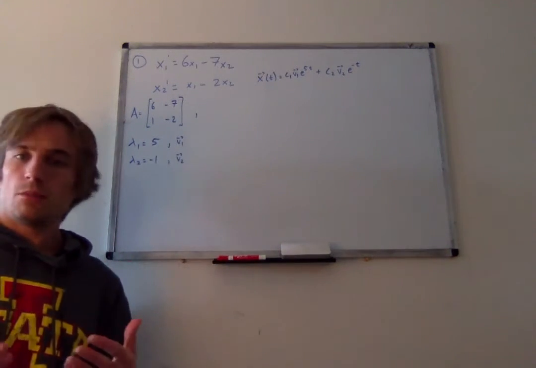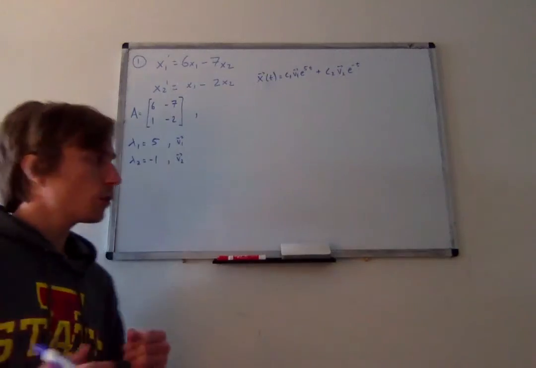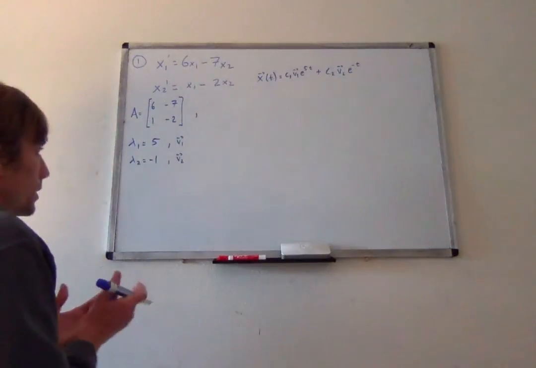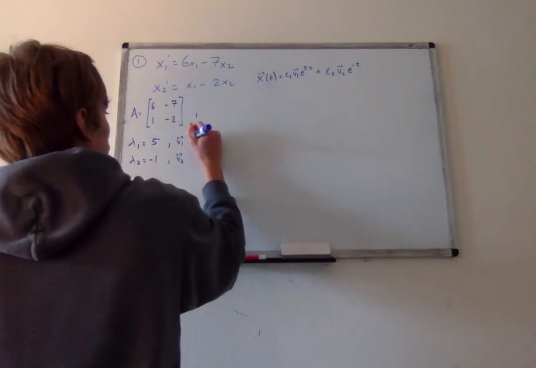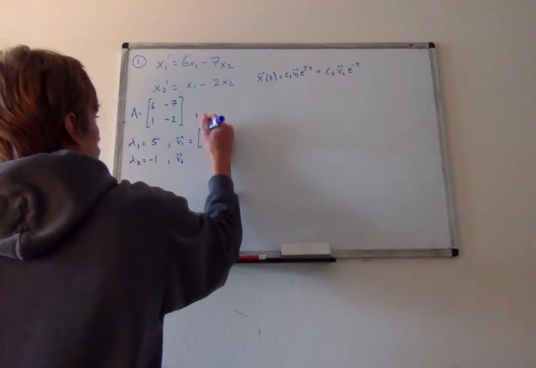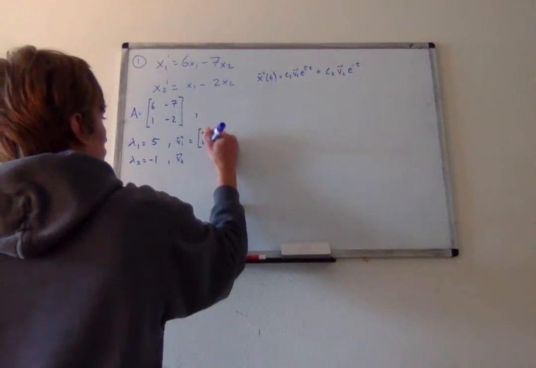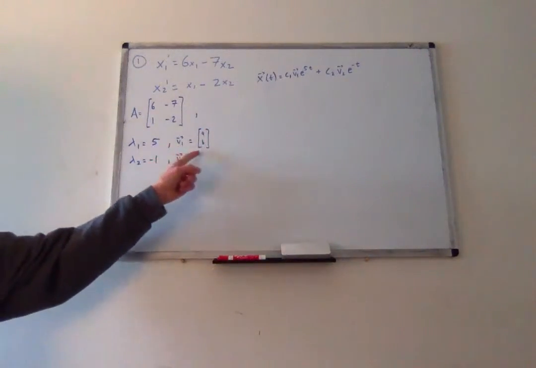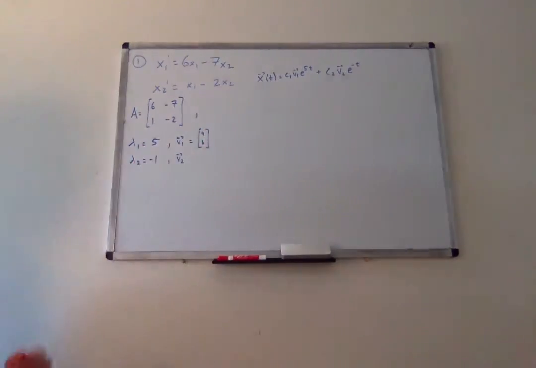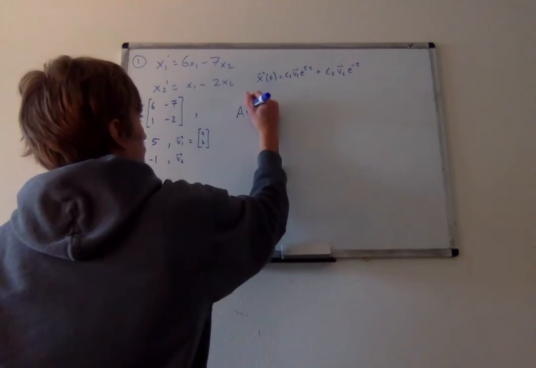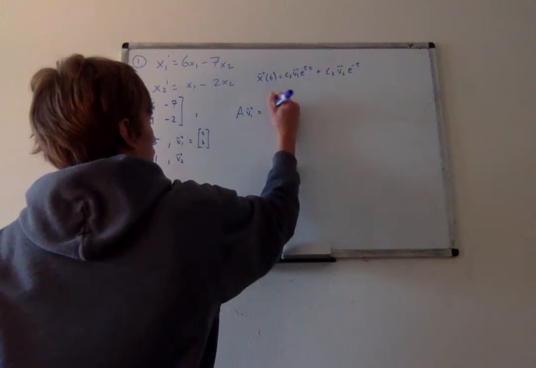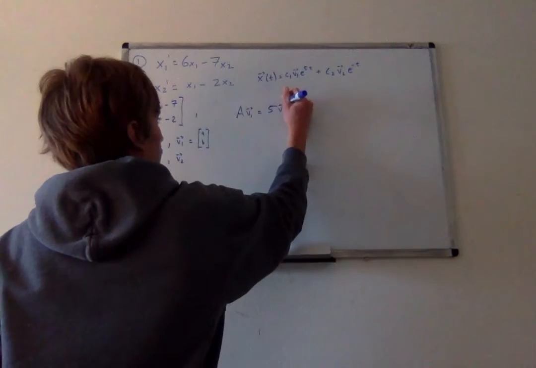So there are a bunch of different ways to do this. I'll just go with the way your book does it. So if you'll recall, any vector, and we'll say v1 maybe is equal to (a, b). If v1 is an eigenvector associated with eigenvalue 5, remember that means that v1 is a vector that satisfies the following equation.